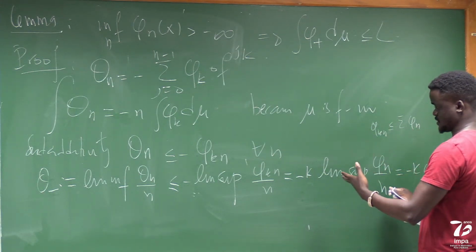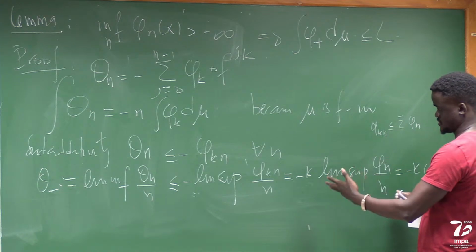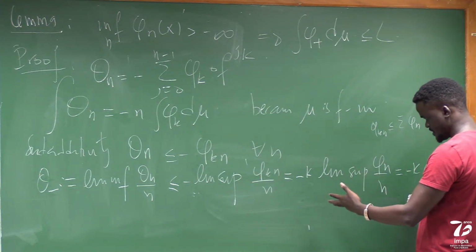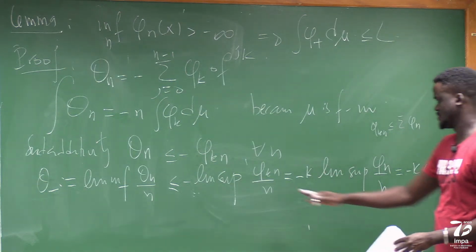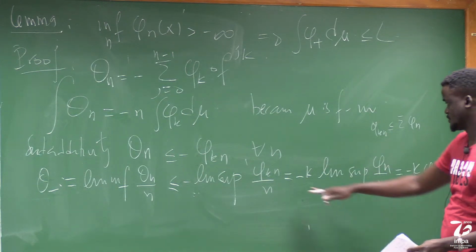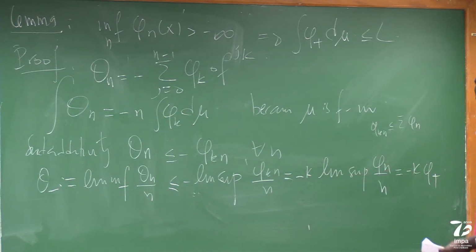To do the reverse inequality, you just do a Euclidean division. If you want to check it, it is proved in the book, this equality, by a lemma.